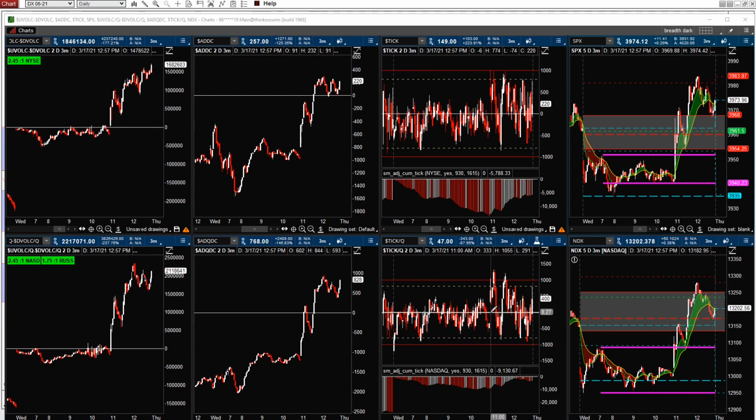But then, as soon as after the Fed announcement, you see these right here actually went greater than positive 1,000 ticks. So there is a lot of strong buy program here, and here are the 800. So after the Fed announcement, most of the ticks are positive.